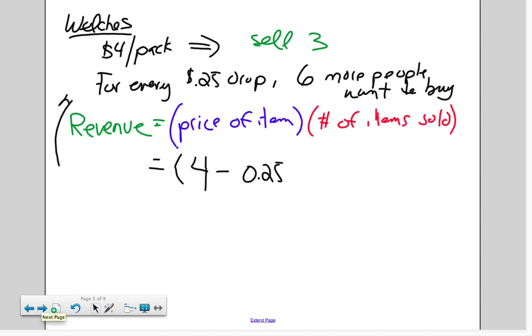So up here, let x equal the number of 25-cent price drops. Let x be the number of times I drop the price by 25 cents. So the price is really $4 minus 25 cents times x.